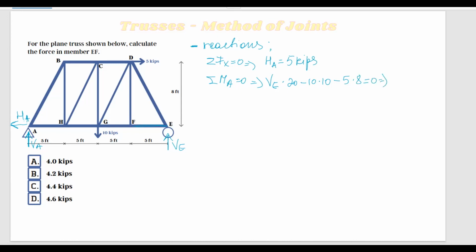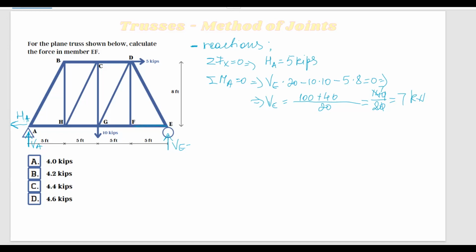From here, VE is equal to 100 plus 40, which is 140 over 20, and this equals 7 kilonewtons.